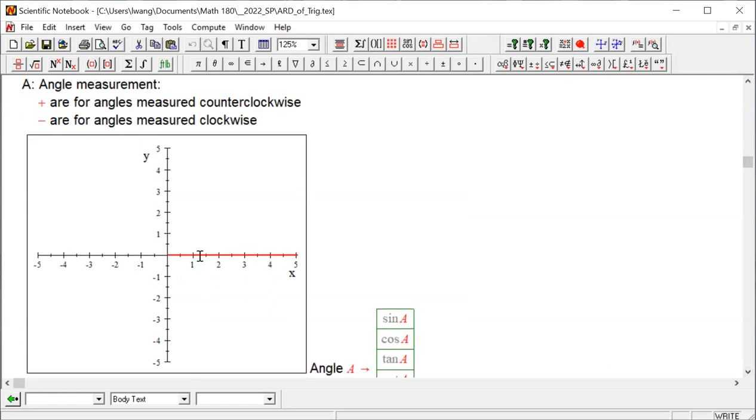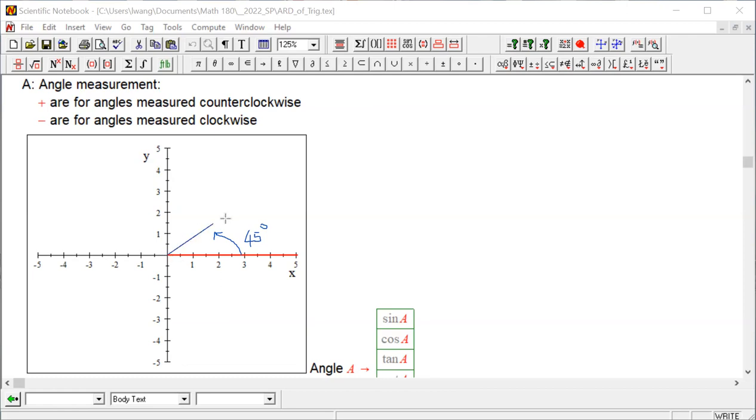If we measure, say, 45 degrees counterclockwise, there's a terminal to that angle.